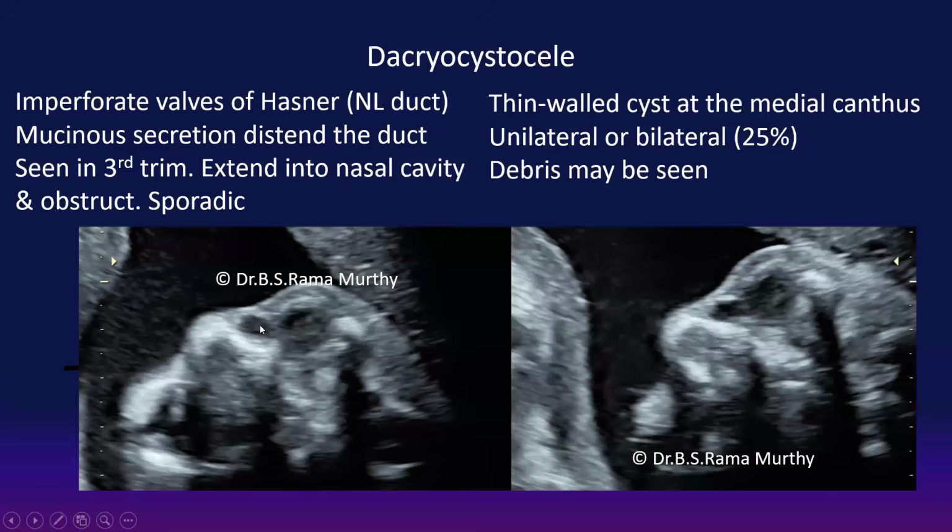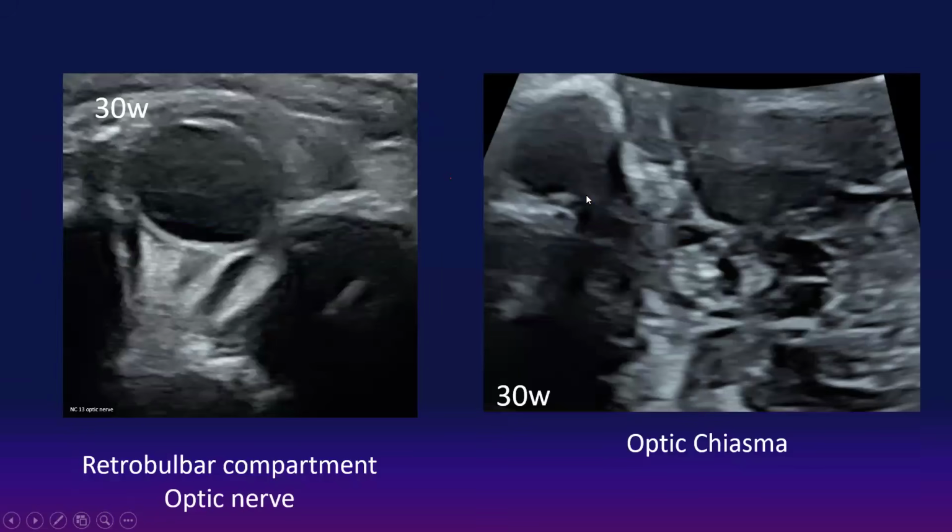Sometimes there could be debris also inside, but most often it is clear fluid containing. This is actually a benign condition, very good prognosis. Postnatally, it may regress on its own with a few washes, or sometimes a little bit of pressure and puncture may be required to drain the dacryocystocele.